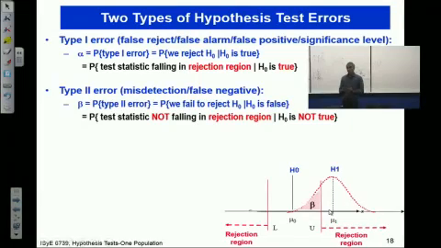But in practice, usually we go with a small alpha. And if you want to decrease beta, we increase what? Sample size. Exactly. That's the best way to decrease your error. Fix alpha, increase your sample size, your beta drops. I'll show you later on Friday how by increasing sample size you can decrease beta.